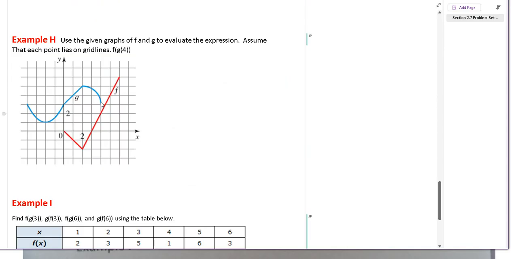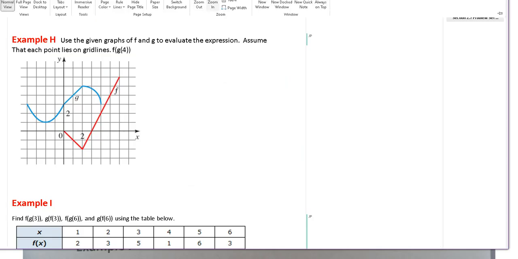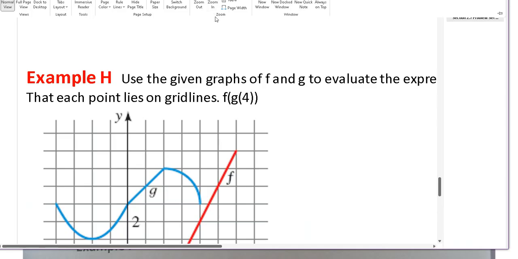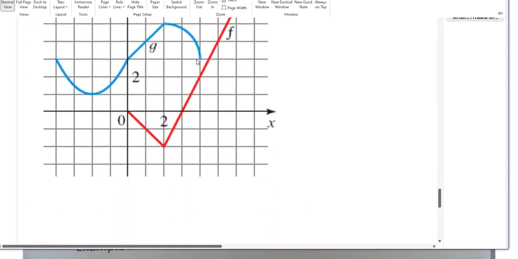So right here, this point where my cursor is, if you go over to 4 on the x-axis, which is right here, and then you go up to your graph, right there at the end of this tip is the value of g of 4. And that's at a height of 3. So g of 4 is 3.